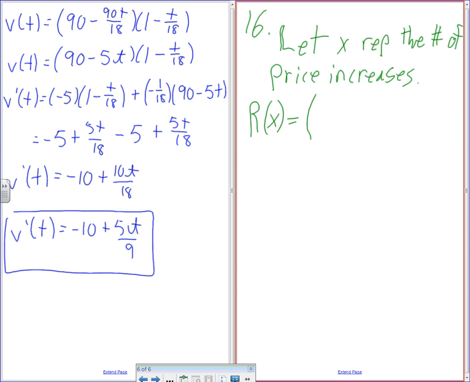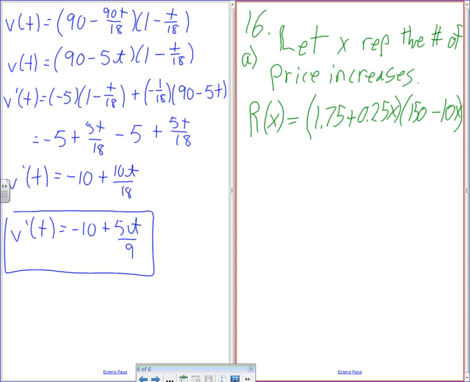So then we have 0.75 plus 0.25x times 150 minus 10x. Right. Price times sales for the revenue.